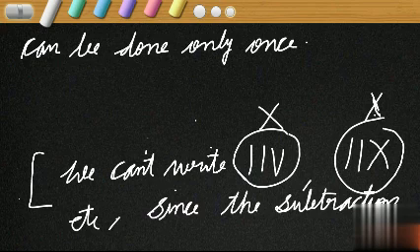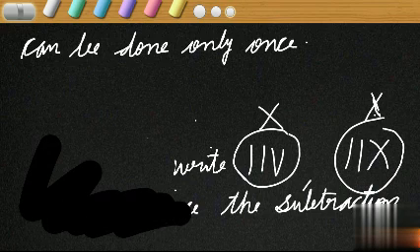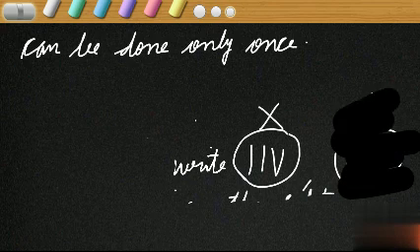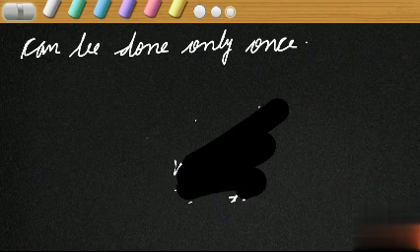Okay, learn this thoroughly today. It's a very important rule. Without knowing these rules, we can't do the problems. We can't write the Roman numerals, or we can't convert the given Roman numerals into Indo-Arabic numerals, etc.